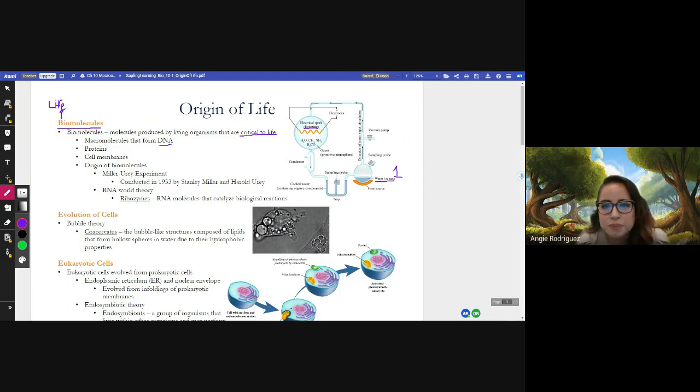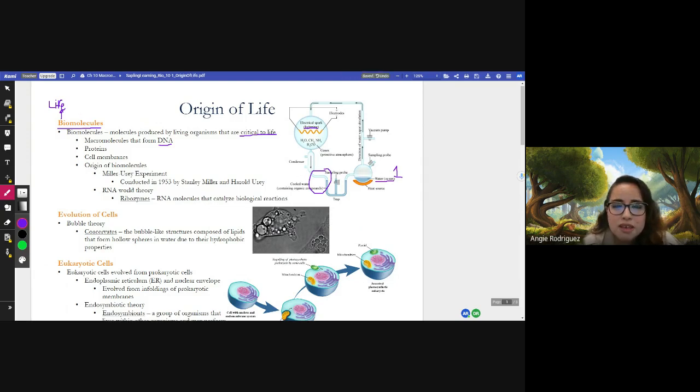And it's going to join together with these gases, which are supposed to be part of the primitive atmosphere or the atmosphere that they thought Earth had before. So once these come into contact with one another, they're going to go through this little condenser here, and then it's going to be exposed to cool water. So at the very end, like around this area right here, guys, this is where those biomolecules are supposed to be made.